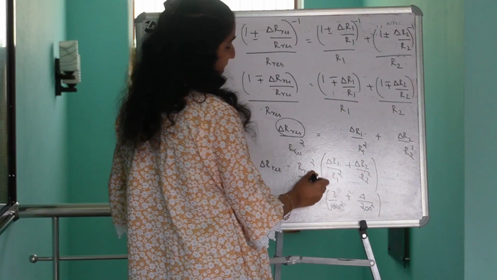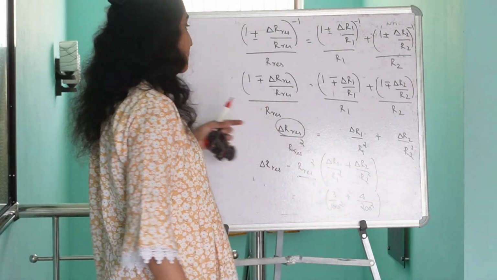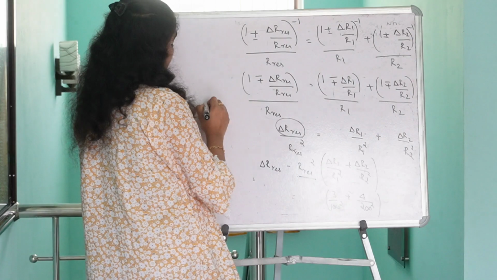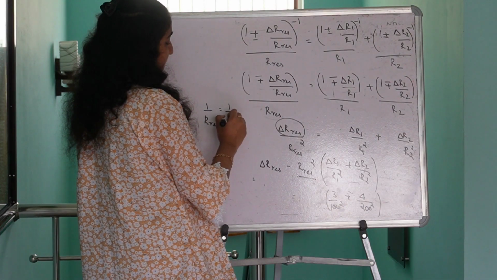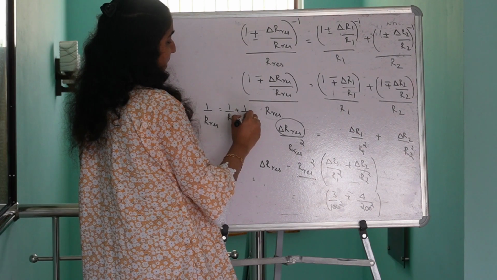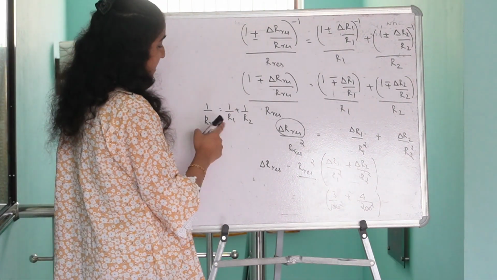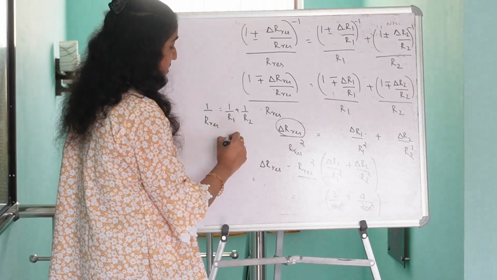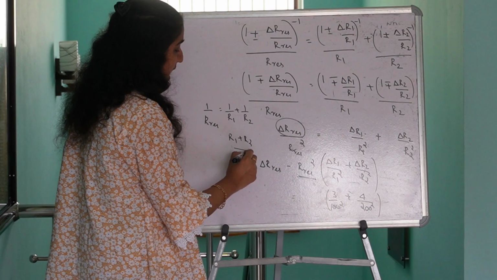How do we find the actual value of the resultant resistance? We know when two resistors are connected in parallel, 1 by R resultant is equal to 1 by R1 plus 1 by R2. Otherwise, when we solve this equation, we get R1 plus R2 divided by R1 R2.